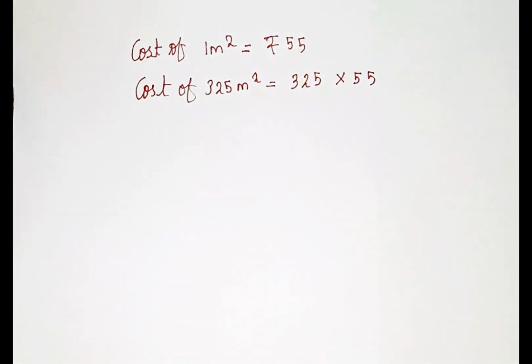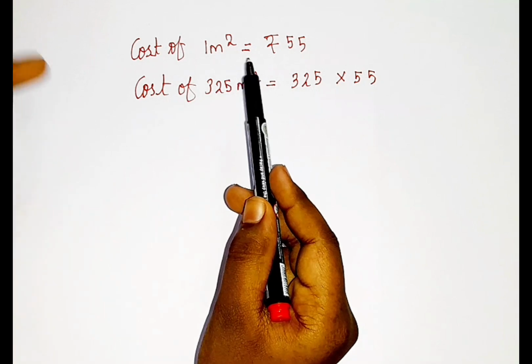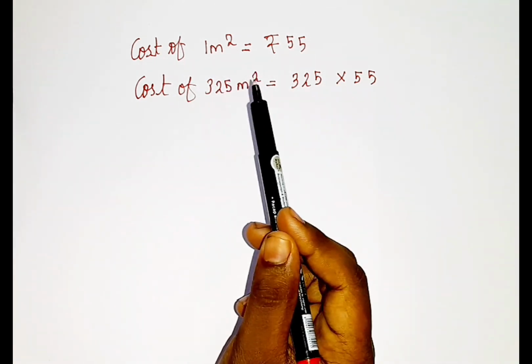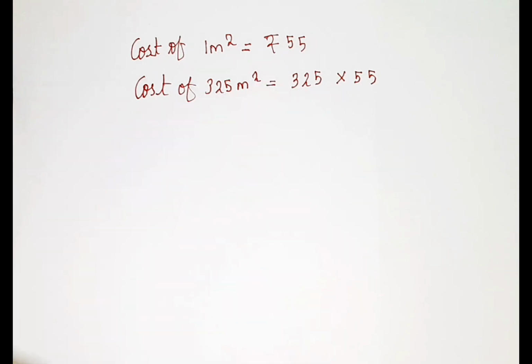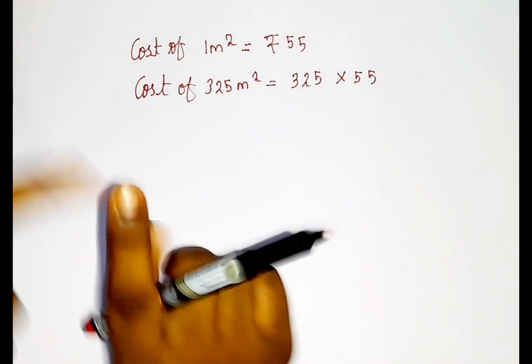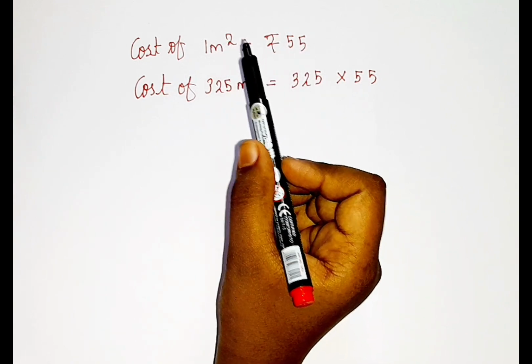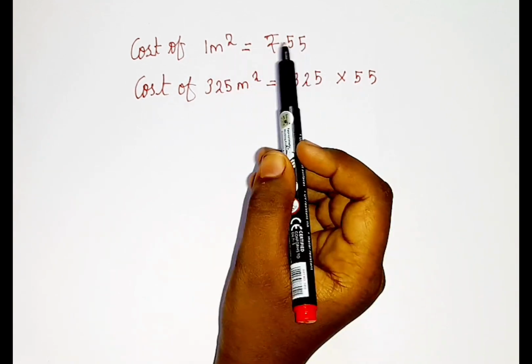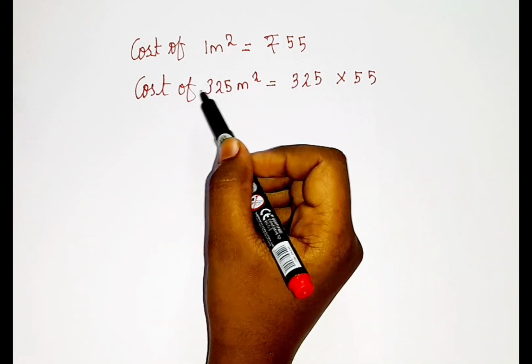So how 325 into 55? So for 1 if it is 55, so to find the many we will multiply it, okay. Remember, for finding the many when we have a single value, so here they gave 1 meter is equal to rupees 55. Let me say one more example here, okay.